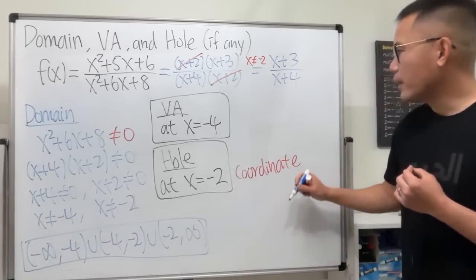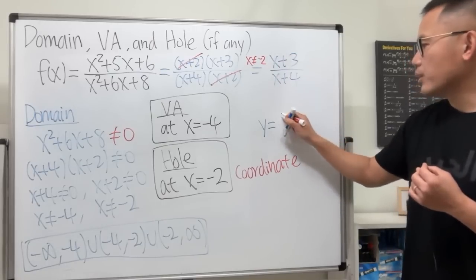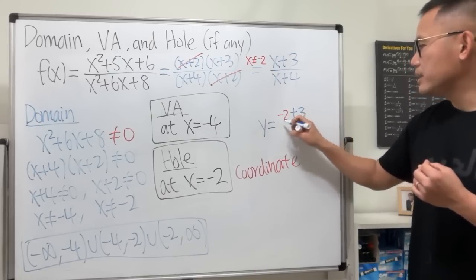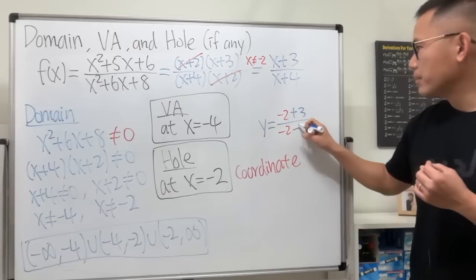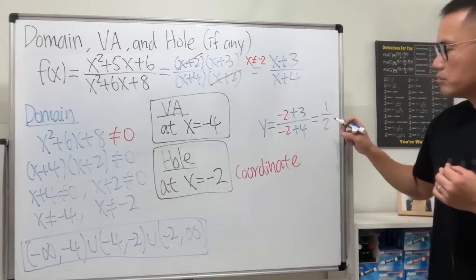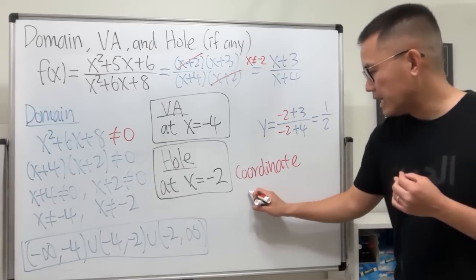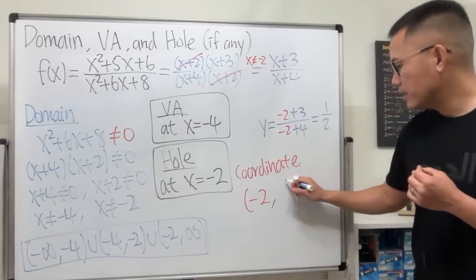So the y value is, plugging -2 in here is okay. -2 plus 3 over -2 plus 4. That's 1 over 2. Yes. So the coordinate is going to be at -2 comma 1/2.